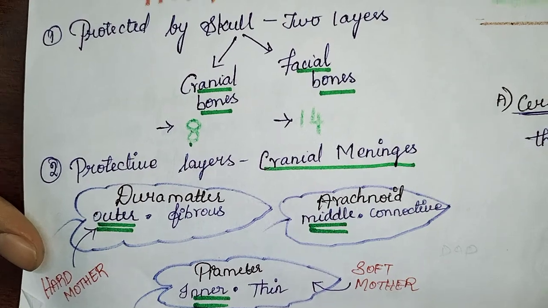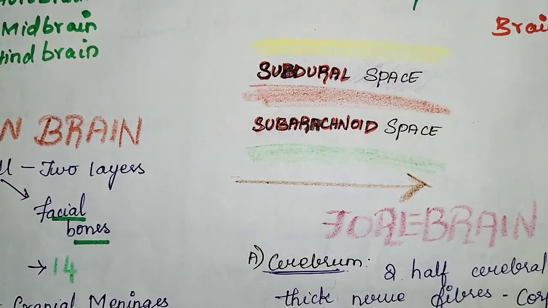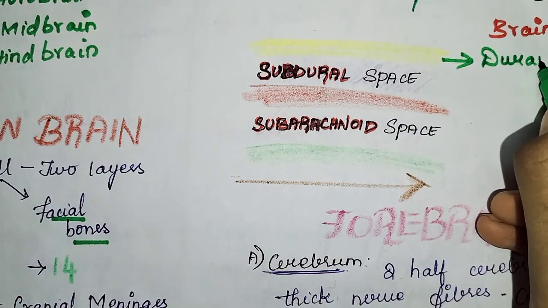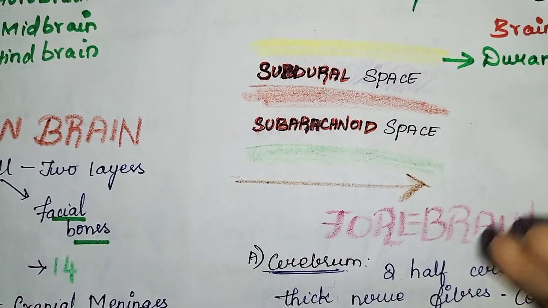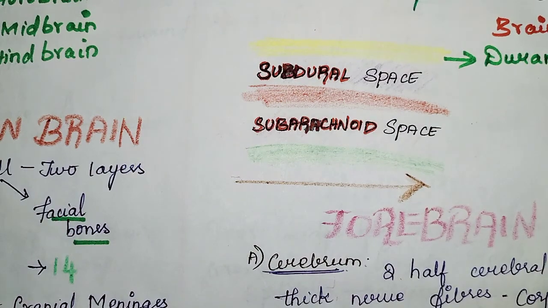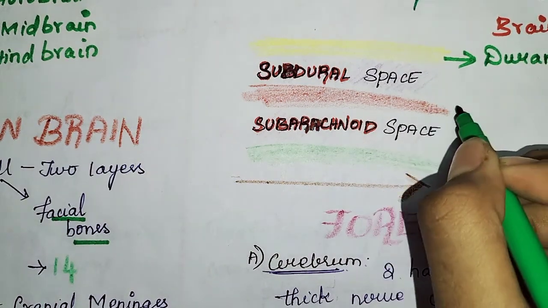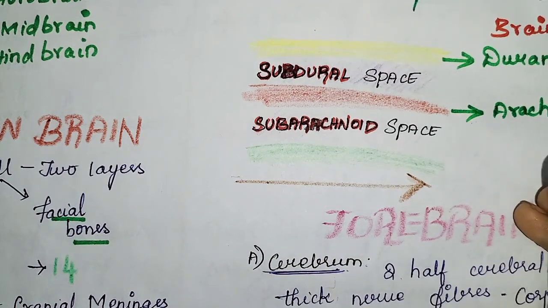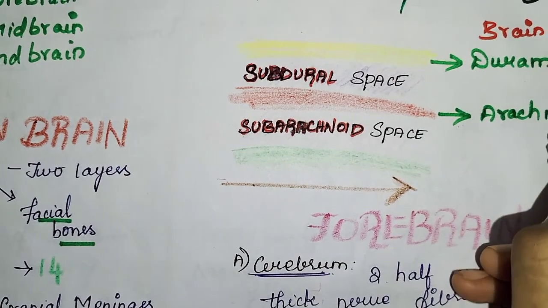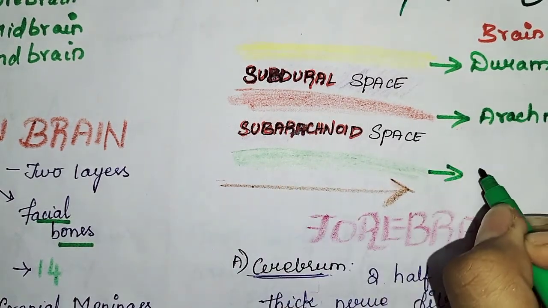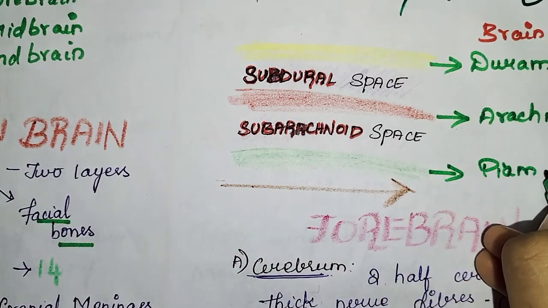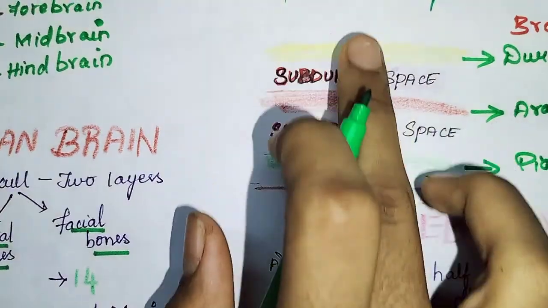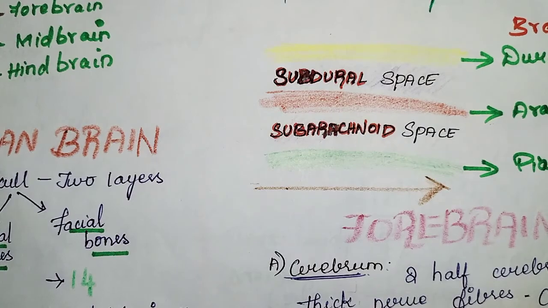If you see this picture you will be able to understand. This is the dura mater, just below the cranial bones. Then this is the arachnoid mater, and this is the pia mater, the inner part. These are the three layers of the cranial meninges.